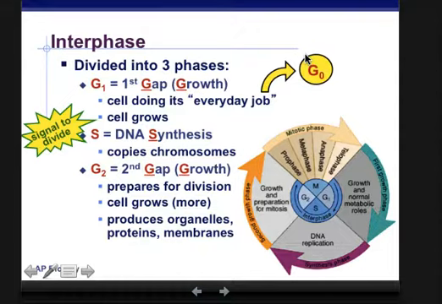So this is a cell that isn't thinking about dividing. It's going to continue doing its everyday job. It's not going to go through the rest of the cell cycle. It's just going to hang there. So that's the G0 phase. And we'll talk about how those signals occur to push a cell through the rest of the phase in a second.